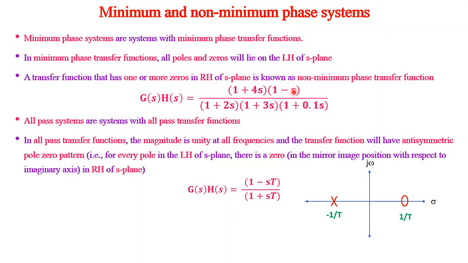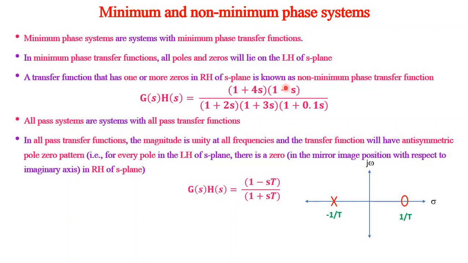So 1 minus s means, when you write this phase angle expression, 1 minus j omega means the point is in the fourth quadrant.